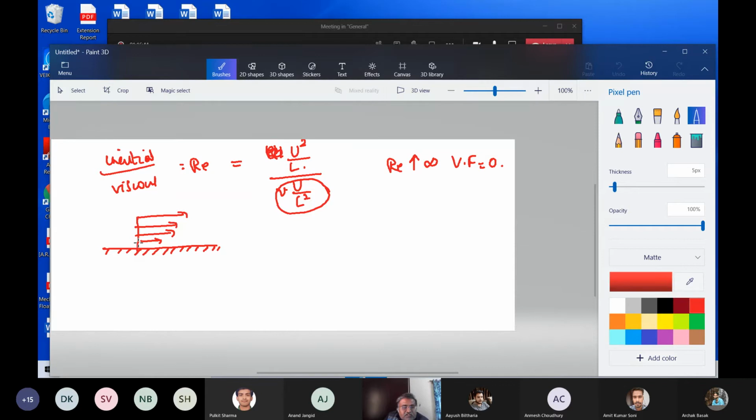When there is flow over the surface, there will be a gradient, and because of this there is one condition: at the surface, because of the viscosity, the tangential velocity will be zero. U equal to zero at y equal to zero. This is y. So u equal to 0 at y equal to 0 is a very important condition, and this is known as the no slip boundary condition. Now this condition has to be satisfied.